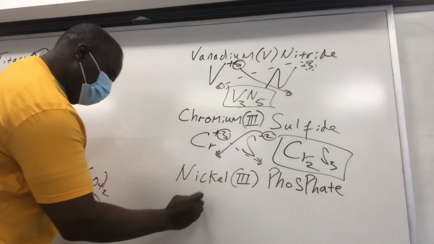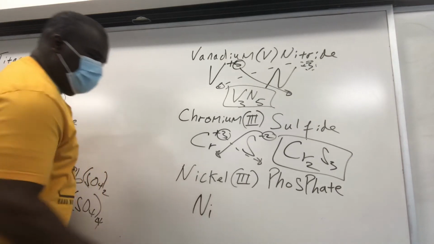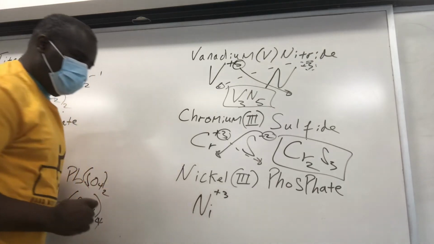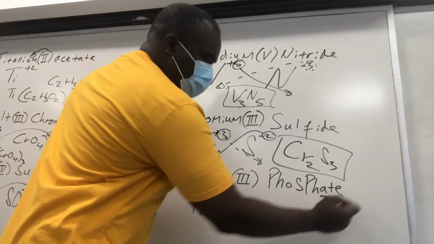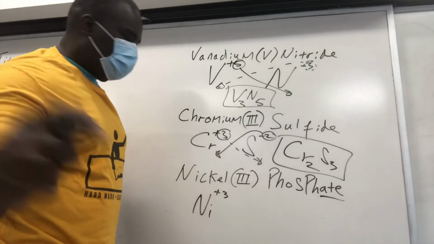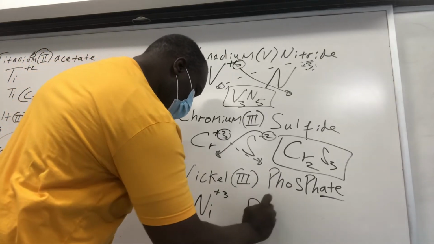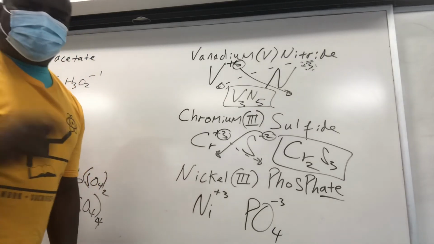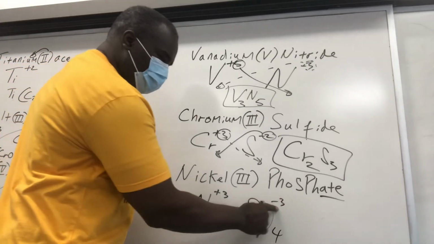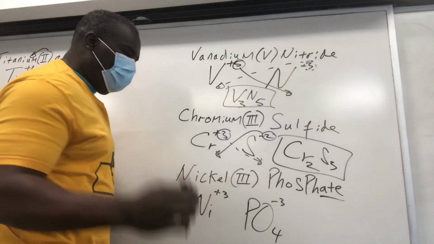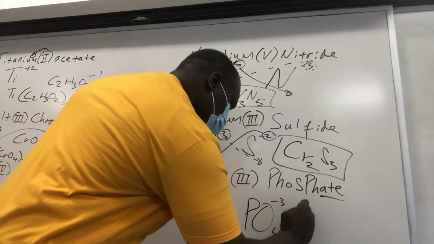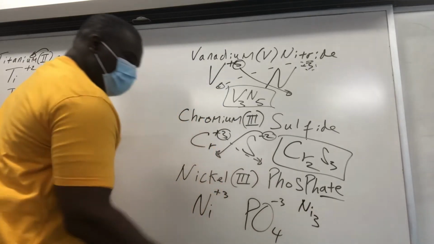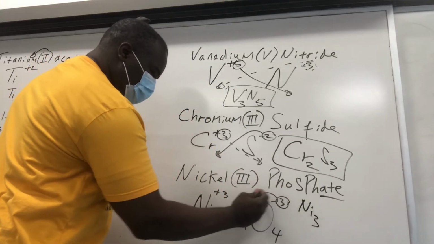All right, so nickel is Ni, bam. Roman numeral 3, right? +3, okay? Ate or ite ending, table E, phosphate. PO4, -3. In your minds, what are you thinking? You got a +3, you got a -3. What are you saying to yourself? Okay? Hopefully you're saying those guys should be able to cancel each other out. The 3 from the phosphate goes to the nickel.